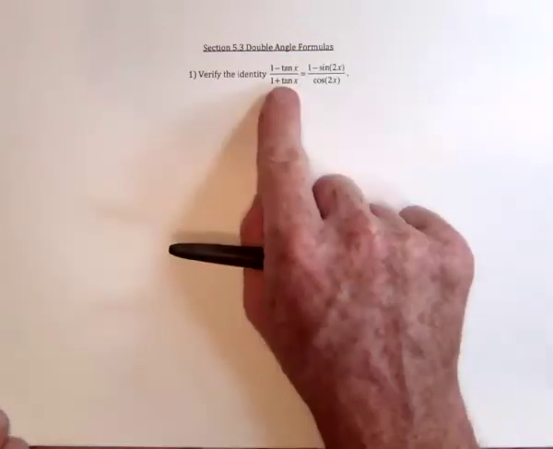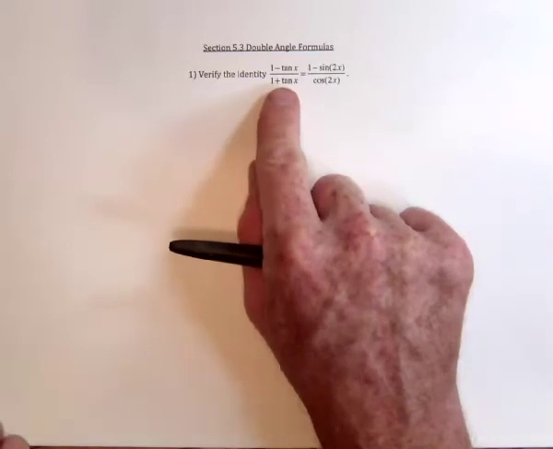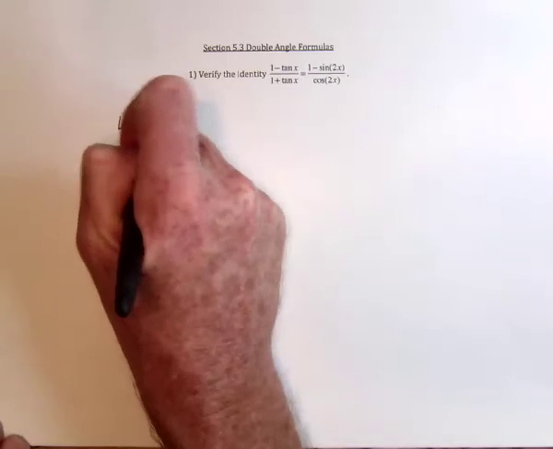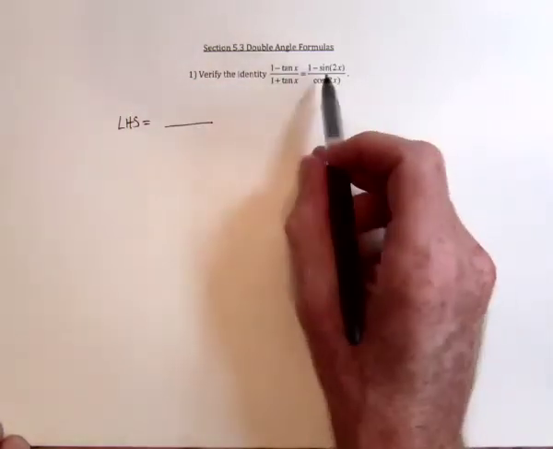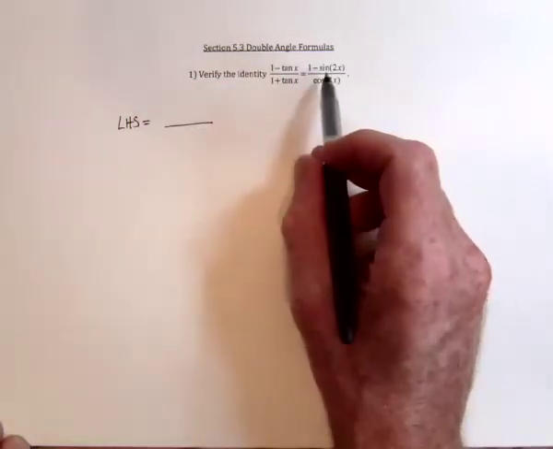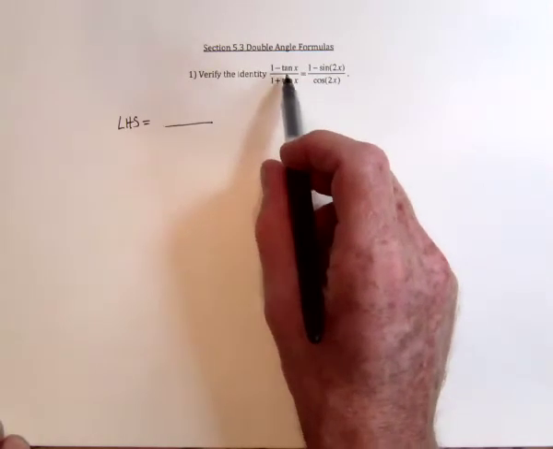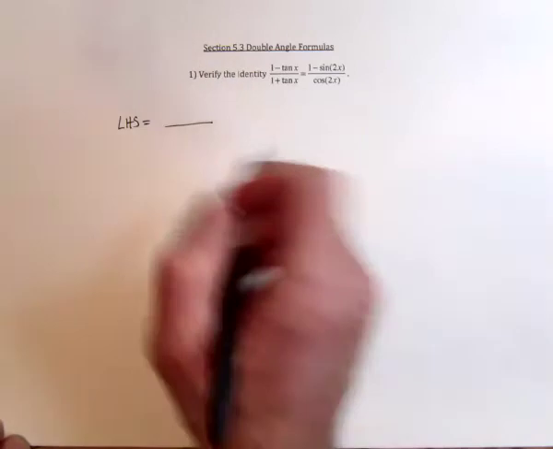So, believe it or not, I'm going to start with the left-hand side. May not be too unbelievable. And then, since this has sines and cosines in it, I'm going to change this to have sines and cosines. So replace tangent with sine over cosine.